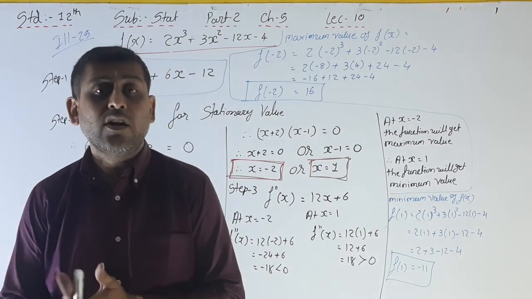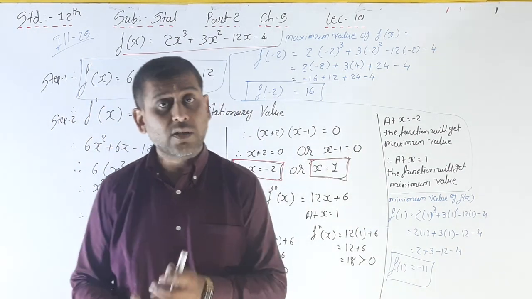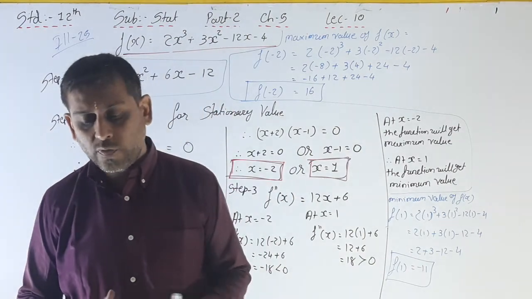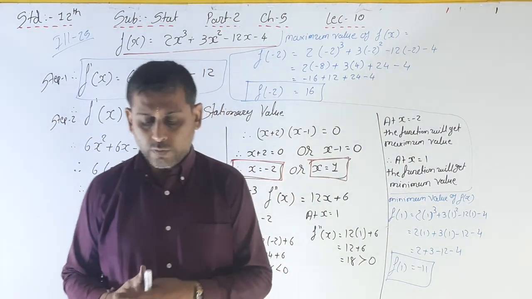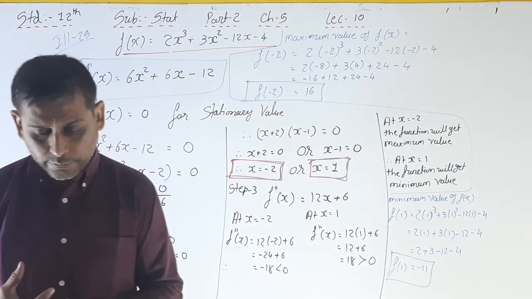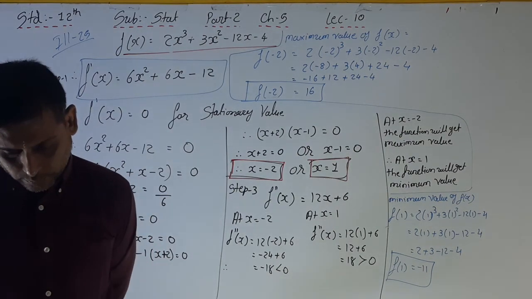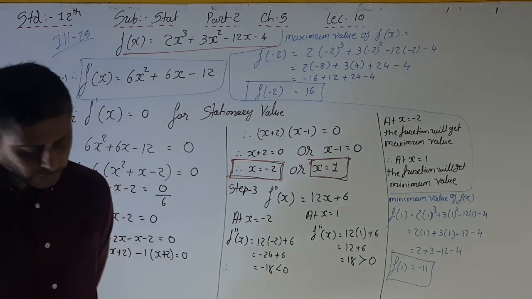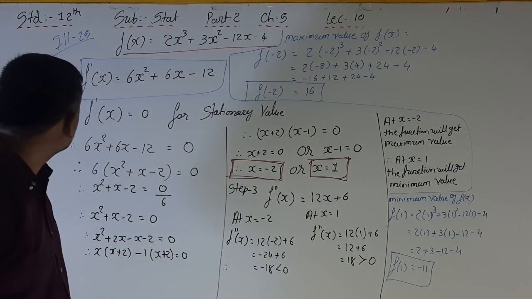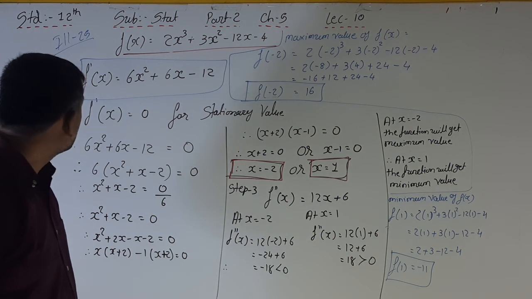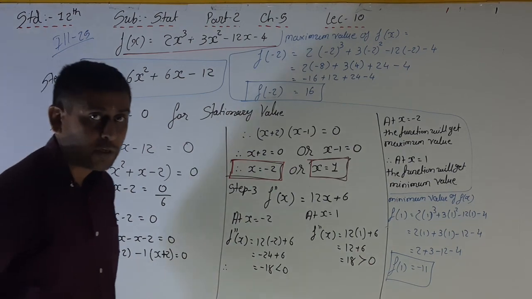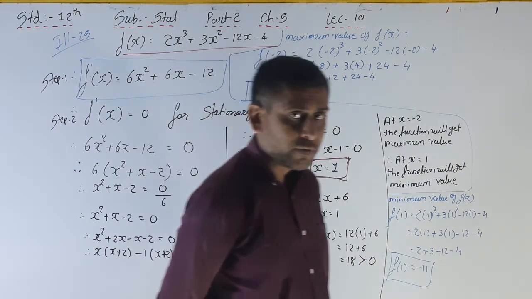Now the second illustration, illustration number 26. Same: find the maximum as well as the minimum value of the function. First of all, write down this. It is very easy, but you have to practice it compulsorily, otherwise it will be difficult for you.